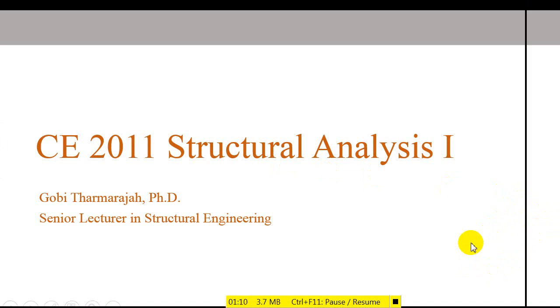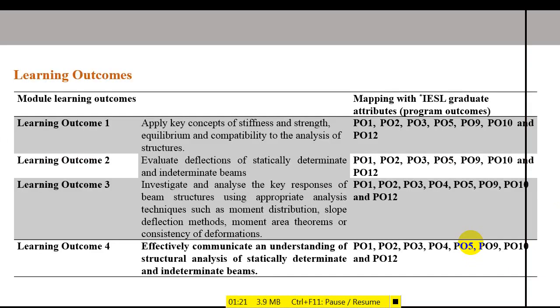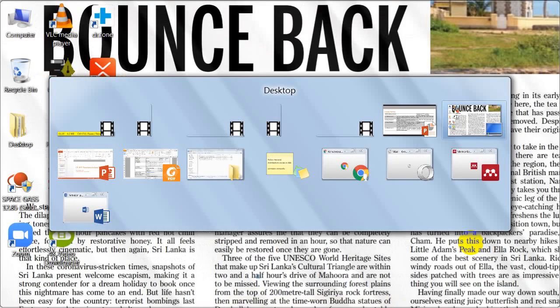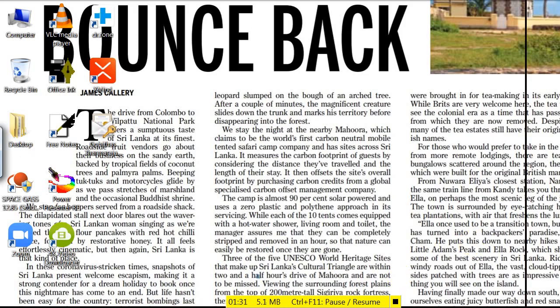This is Structural Analysis 1, and I'm Gobi, your resource person for this module. The next part is understanding the module content. Let me show you this.